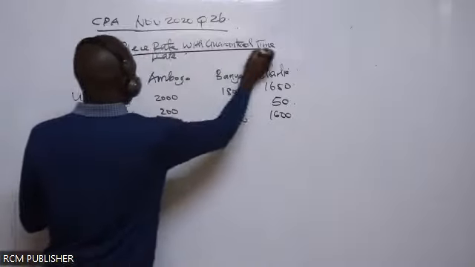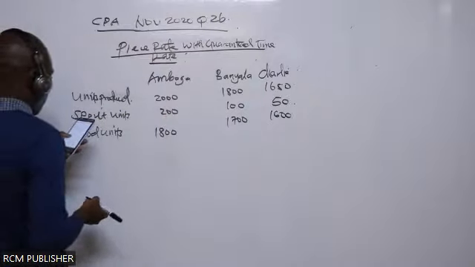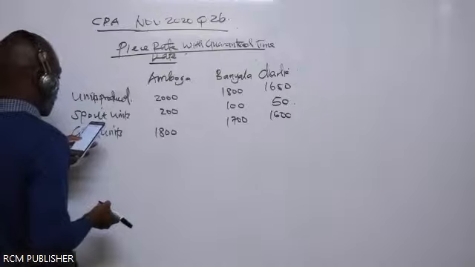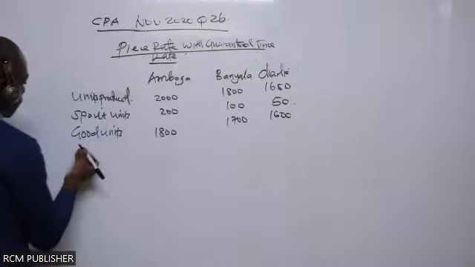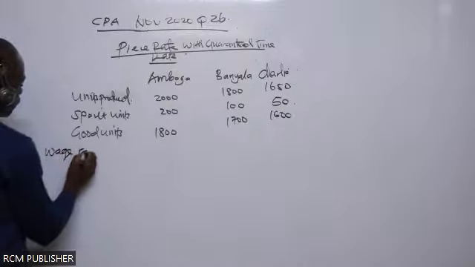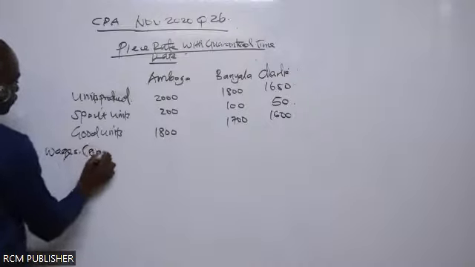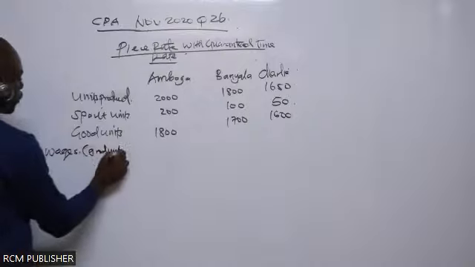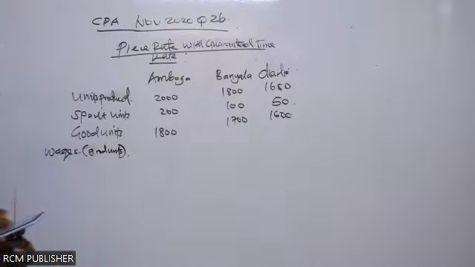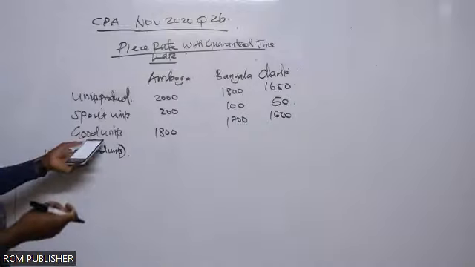Remember, we are starting with the piece rate method. The company pays its casual workers shillings 25 for every good unit. So wage rate, or the wages for good units, they are going to be paid 25 shillings per unit of good product.